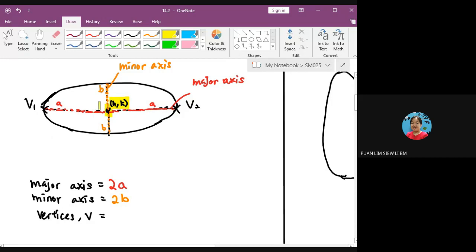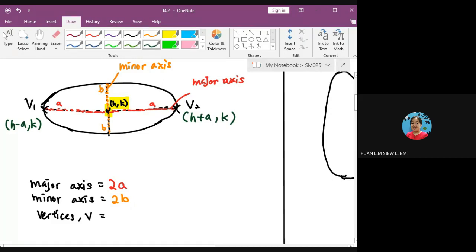So jarak dia adalah A ke kiri. So bila A ke kiri, bermaksud you punya koordinat akan semakin berkurang. So you punya vertex ini adalah koordinat H tolak A, K. So untuk vertex sini, you tengok vertex sini dia anjak ke kanan kan. So ke kanan, maka you punya koordinat X akan tambah. So K tidak berubah. Lagi-lagi ke kiri, tolak.